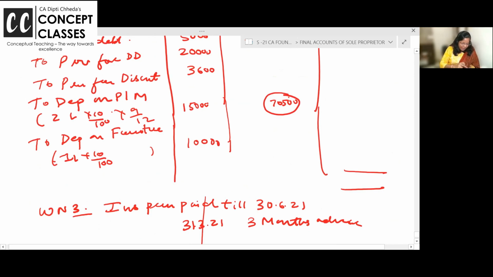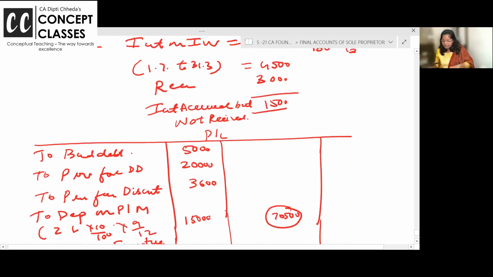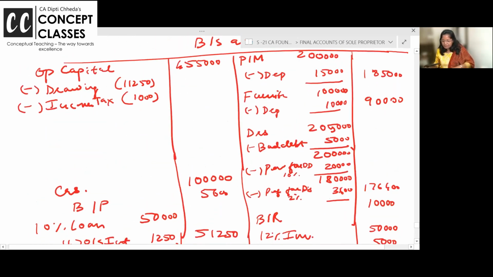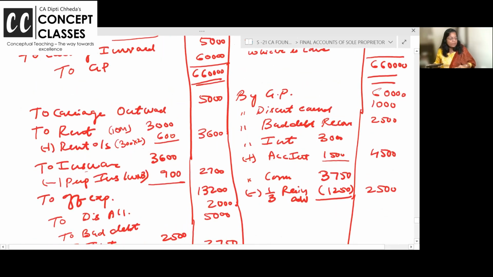How much are you all getting in total? You also do it. How much is the debit side total coming to? Carriage outward is 350. That is why the difference is coming.